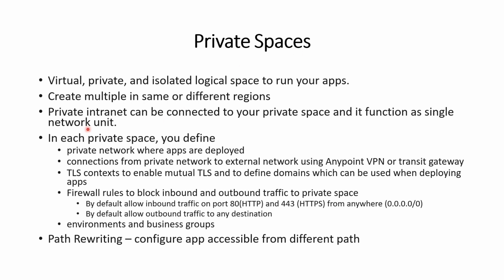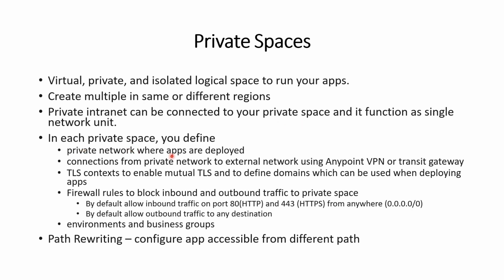You can create multiple private spaces in the same or different region. You can create a connection between your private intranet and the private space, and this whole setup can work as a single network unit.